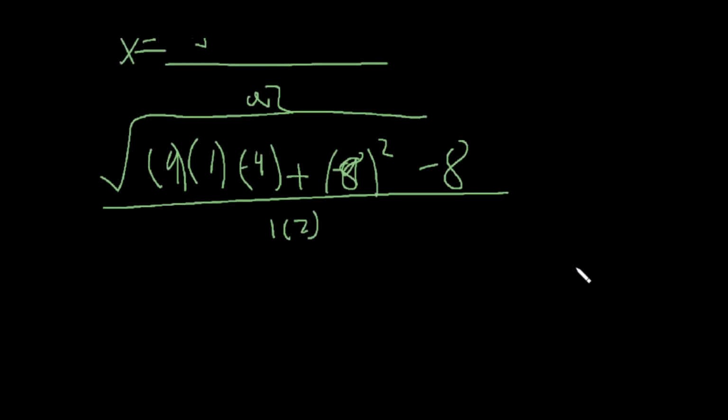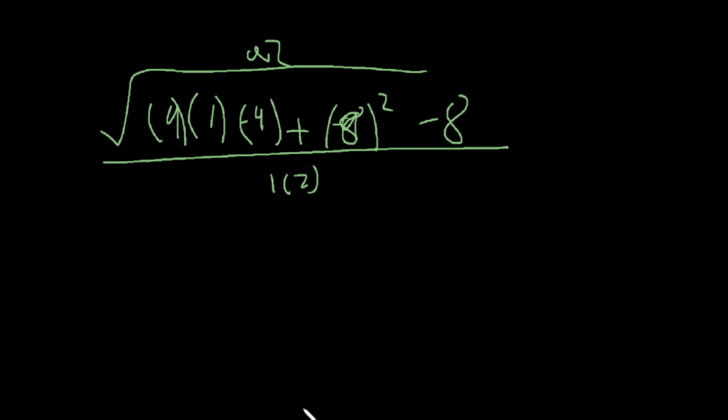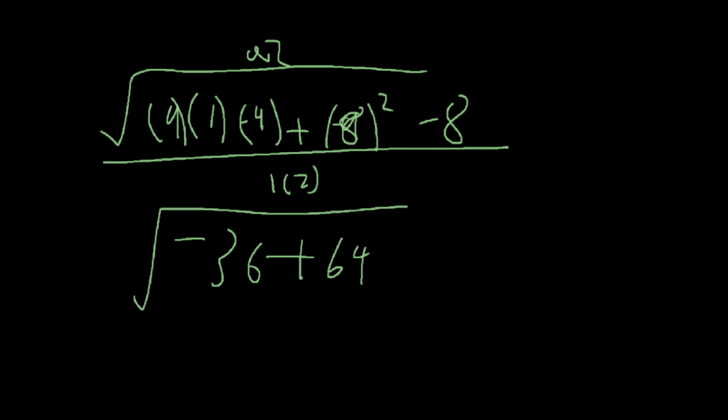So 9 times 1 times negative 4 is negative 36 plus 64, minus 8 over 2.